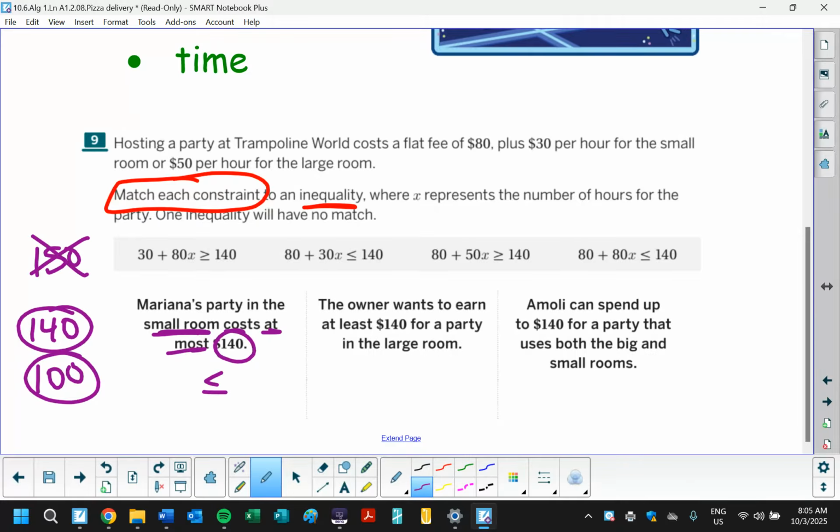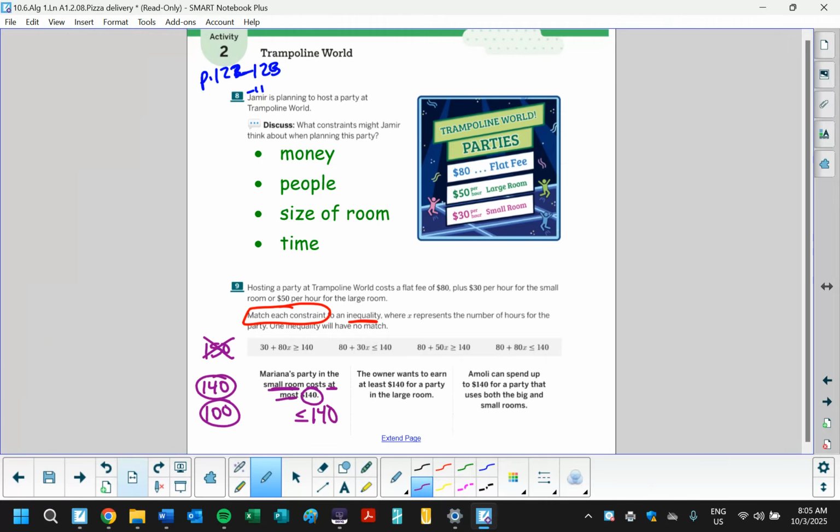So at most is going to be one of the less than or equal to's. In this particular case, we notice that the small room was $30 per hour with an $80 flat fee, starting with 80, 30 per hour. I'm going to squeeze in a little x. And so we have now eliminated that middle option.